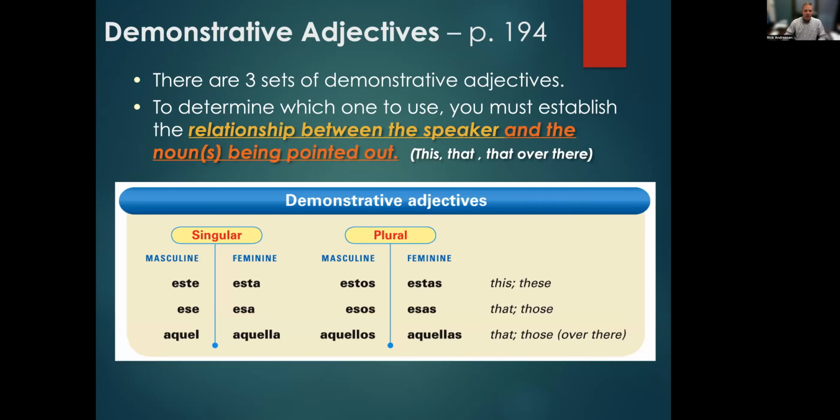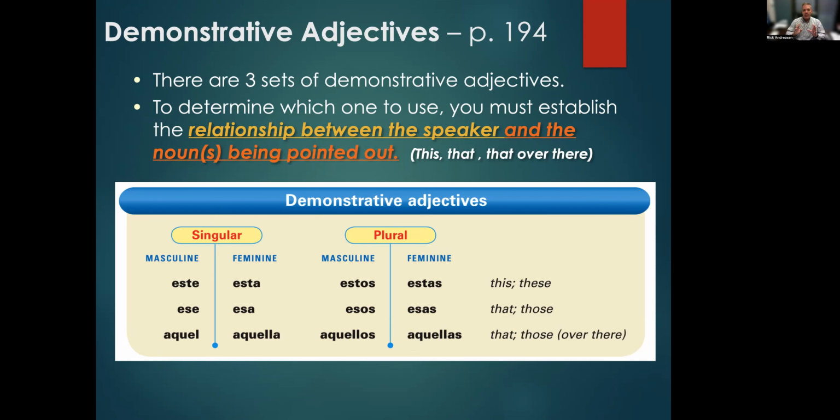So let's look. Here's a better chart. We have ones that mean this and ones that mean those. That's este for masculine. Notice it does not end in an O, it ends in an E. And we have esta, which ends in an A, so it's feminine. In the plural side, we have estos, which now does end in OS, and estas ends in AS.